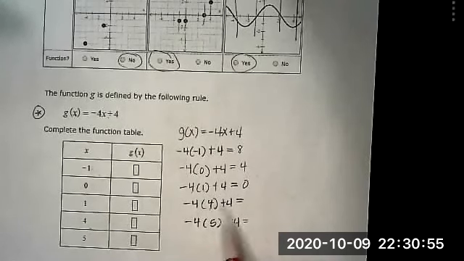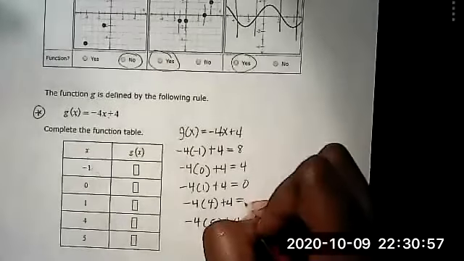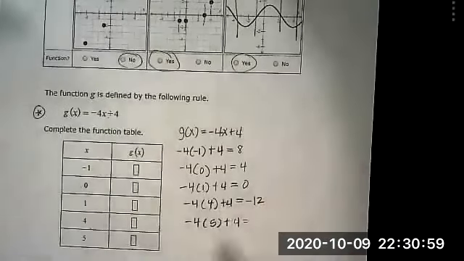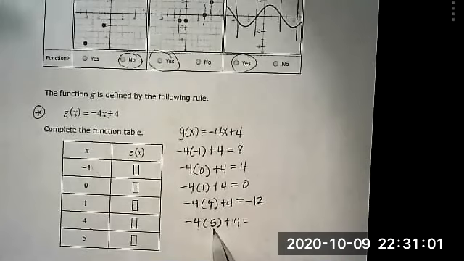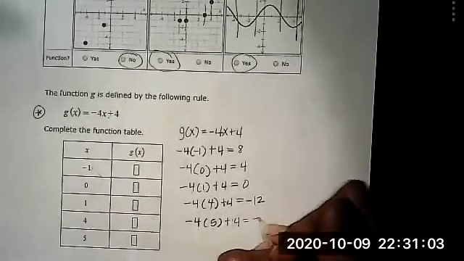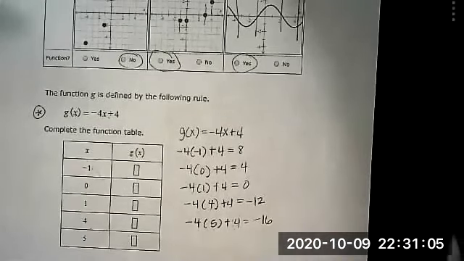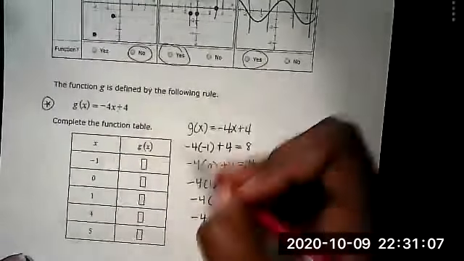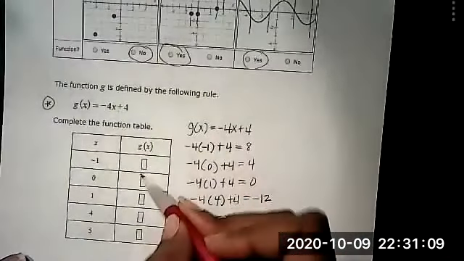And this one is -20 plus 4 is -16. So these are my answers that go here.